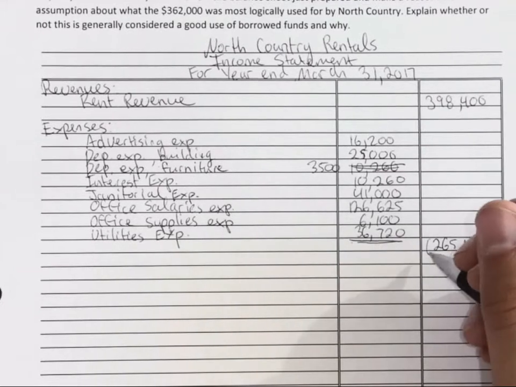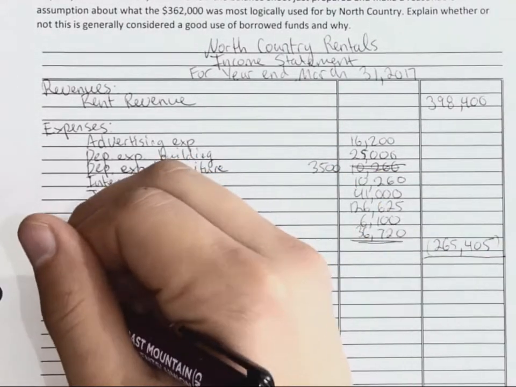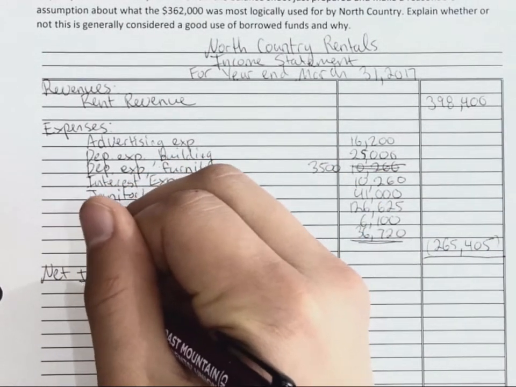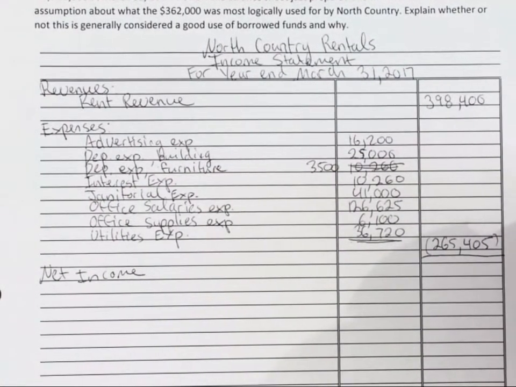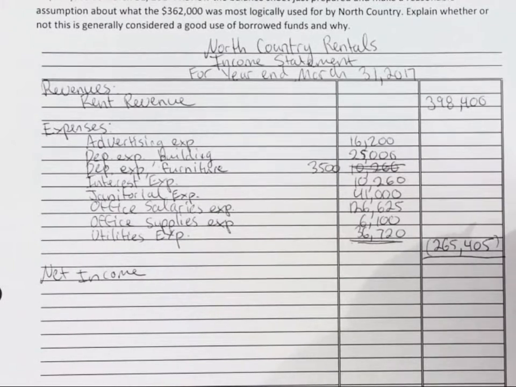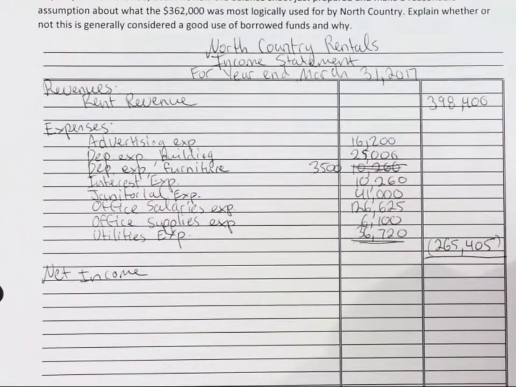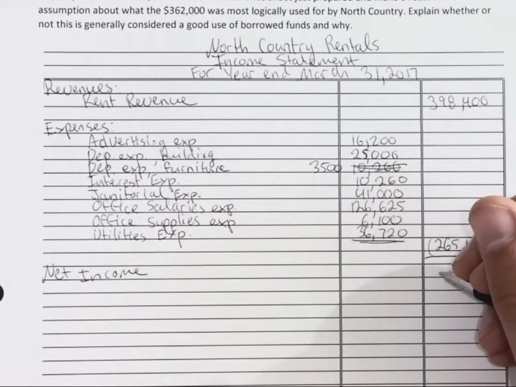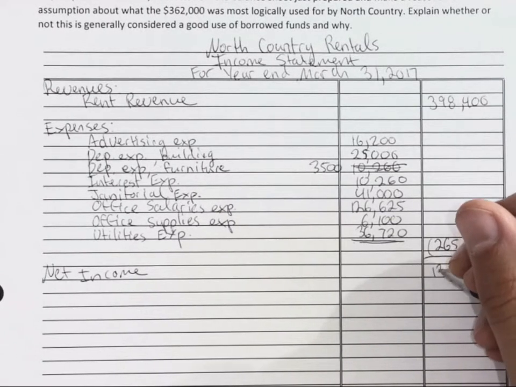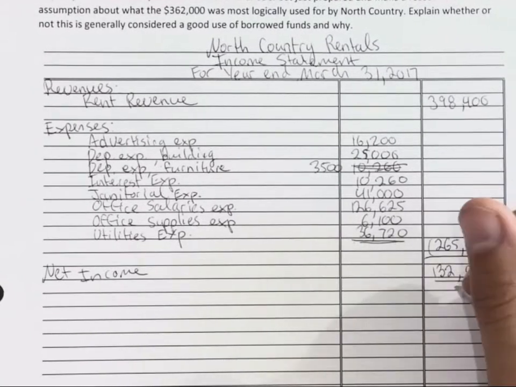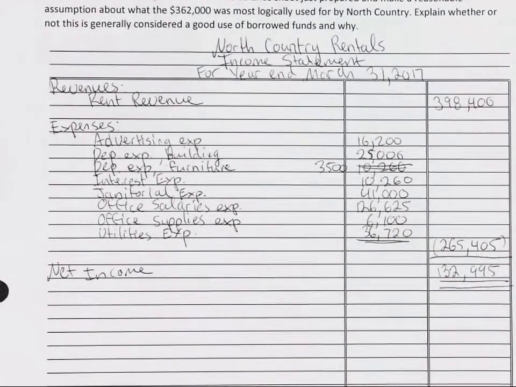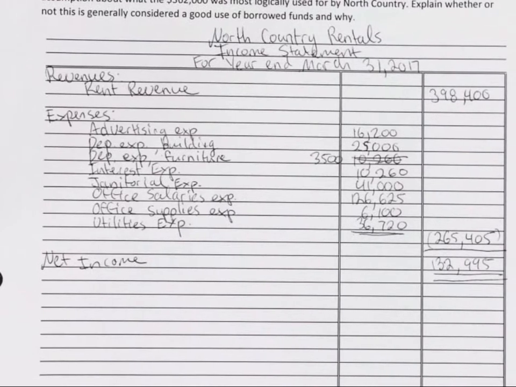So we have a net income of what? 152,000? 132,000? 132,995. Everybody's keen now. I love it. Okay. 132,995.